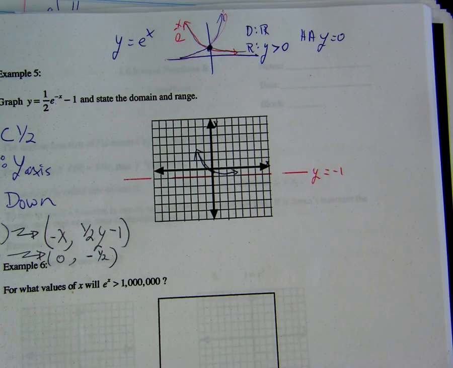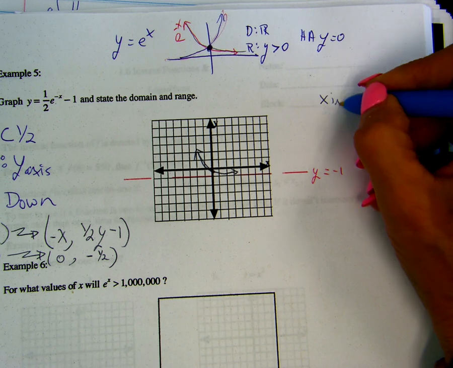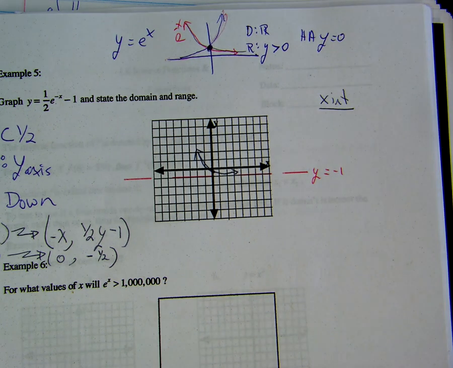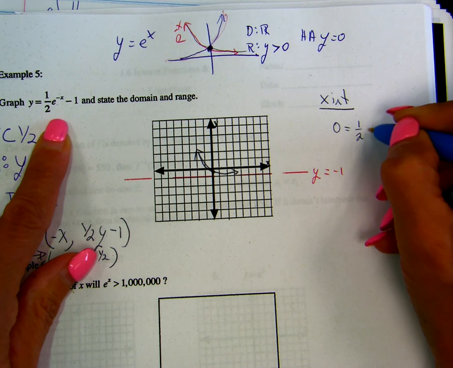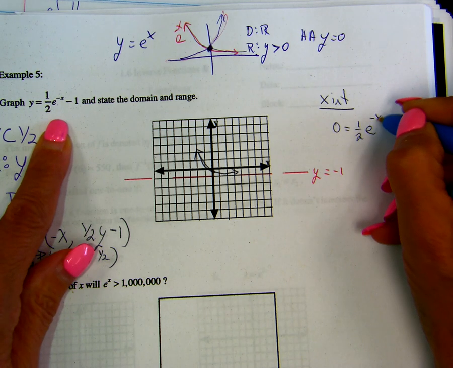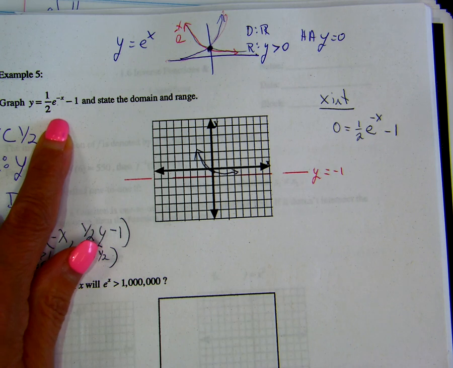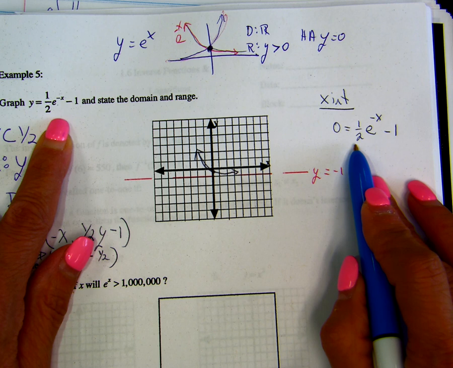By the way, if I asked you to find the x-intercept, would you know how to do it? Yes. Do it then. Okay, you substituted 0 in for y, and now you want to isolate your exponential.